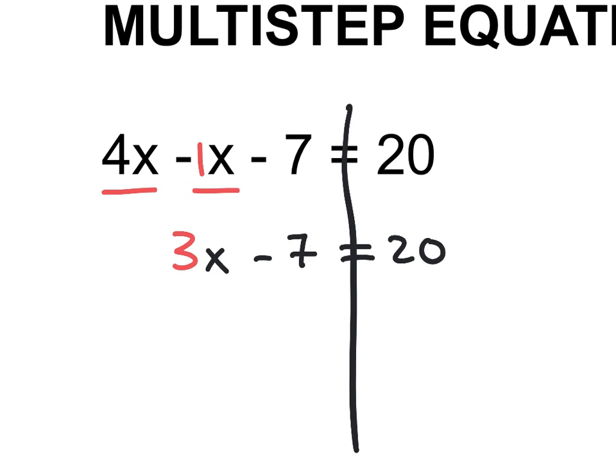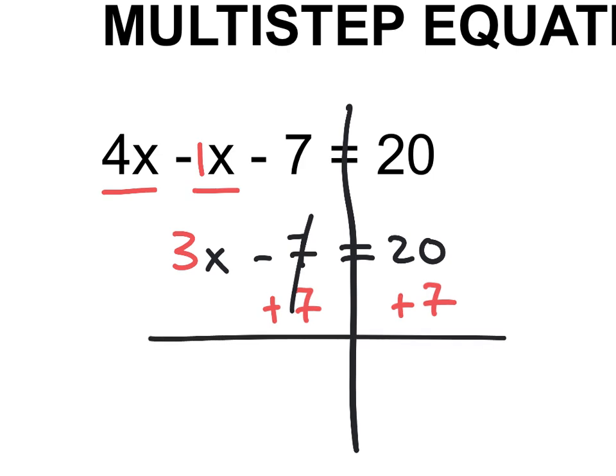All right, so from here, I want to move this negative 7 over to the other side. Because I'm subtracting 7, I want to add 7 to both sides. All right? And so from here, negative 7 plus 7 cancels out to 0. Drop down our 3x, and then that leaves us with 27.